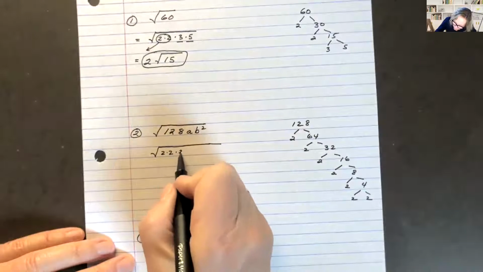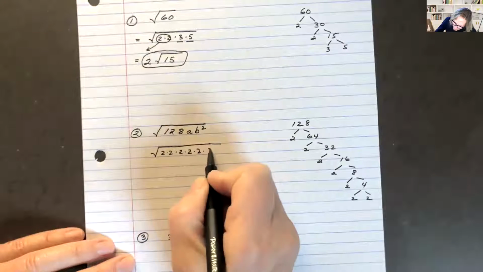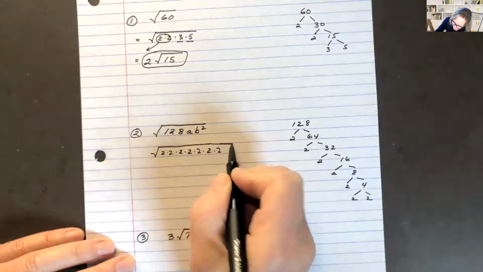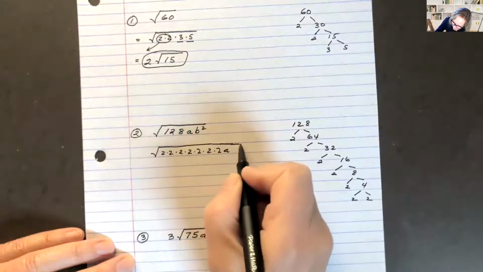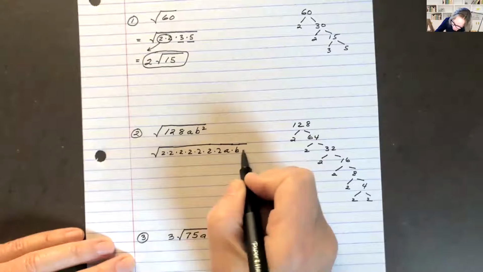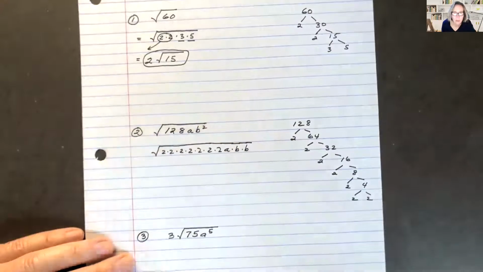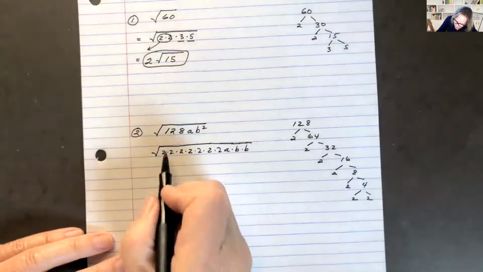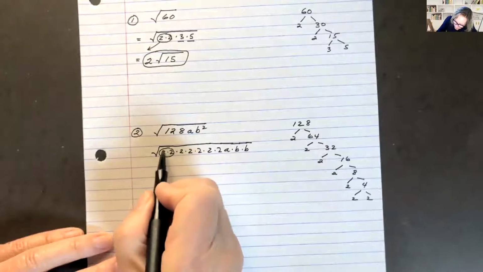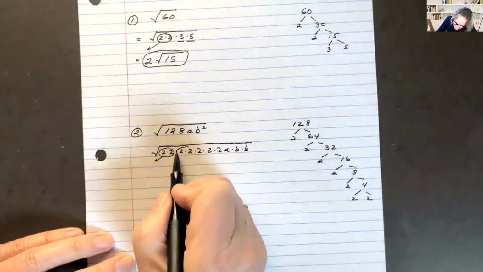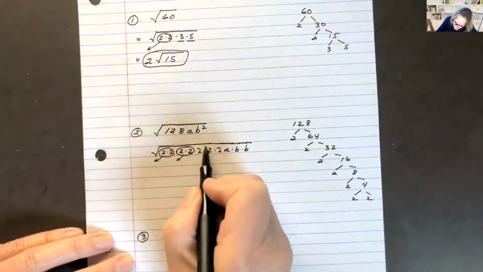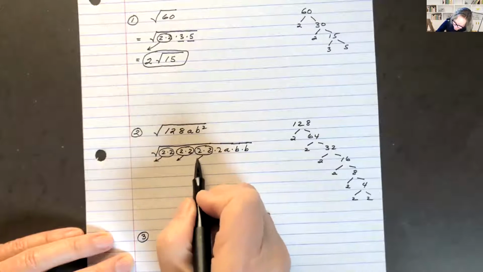So 7 2s, and then times an A, and then times a B squared, so B times B, if I expand it all out. And then we can see a 2 will come out here, the square root of 4 will come out here, the square root of this pair will come out here.